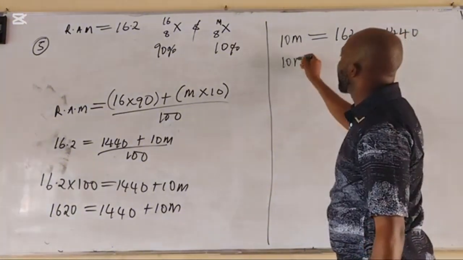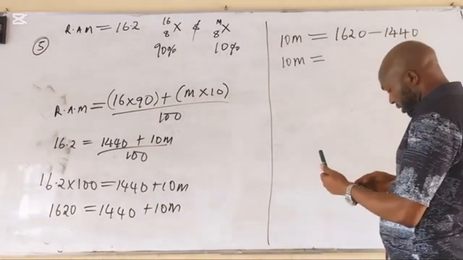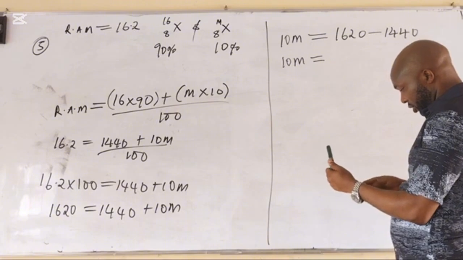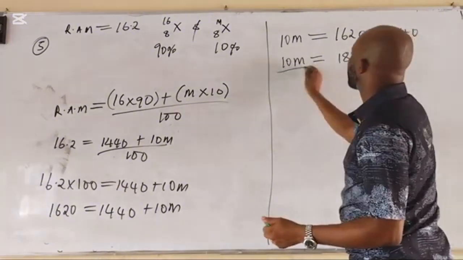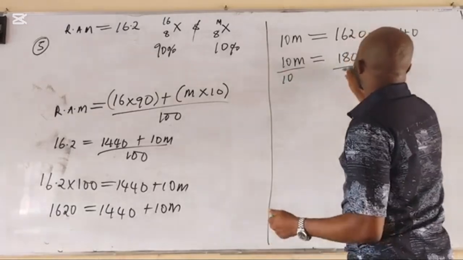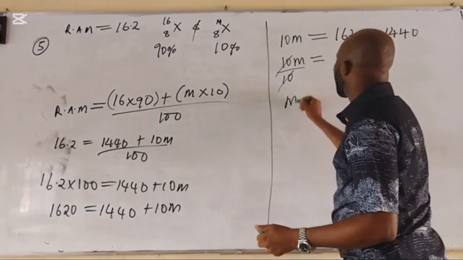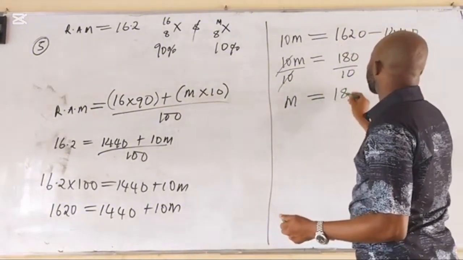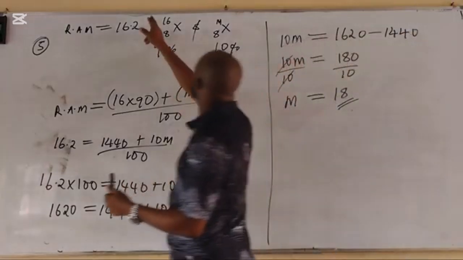So 10N is equal to 1620 minus 1440, which is equal to 180. So divide both sides by 10 to make N the subject. So this cancels. N is equal to 18. So the relative atomic mass here is 16.